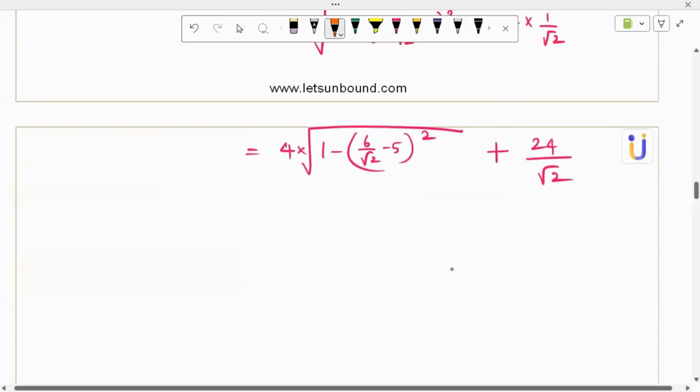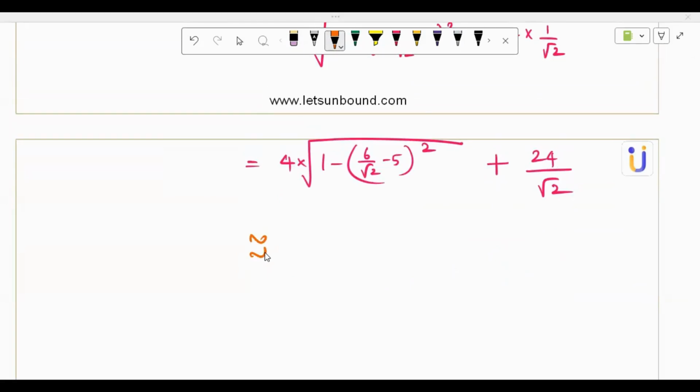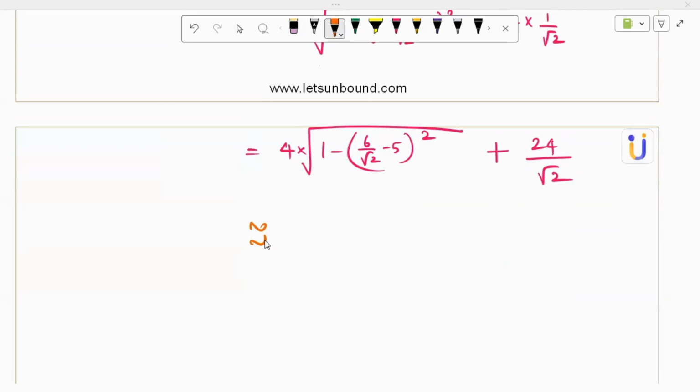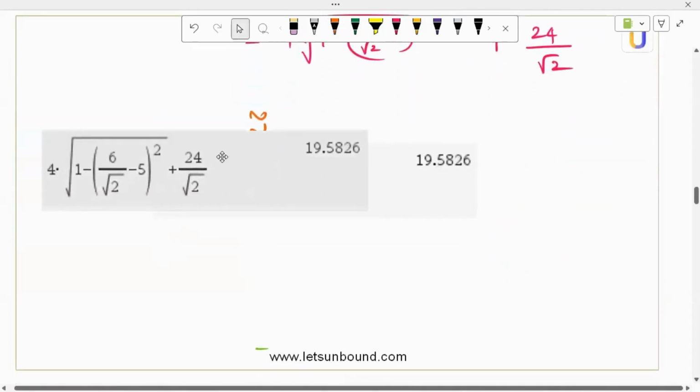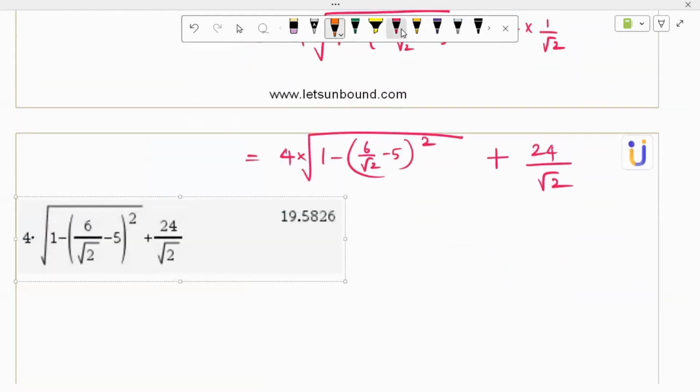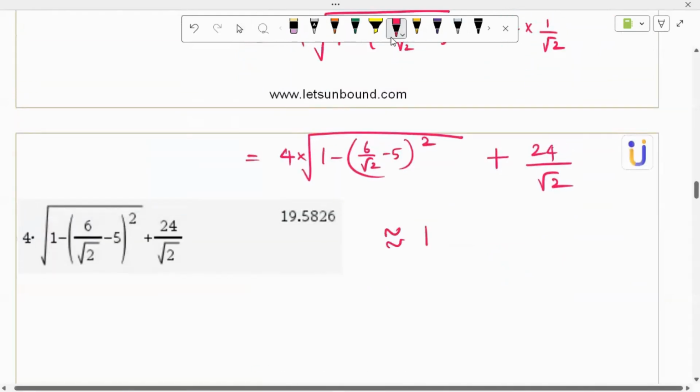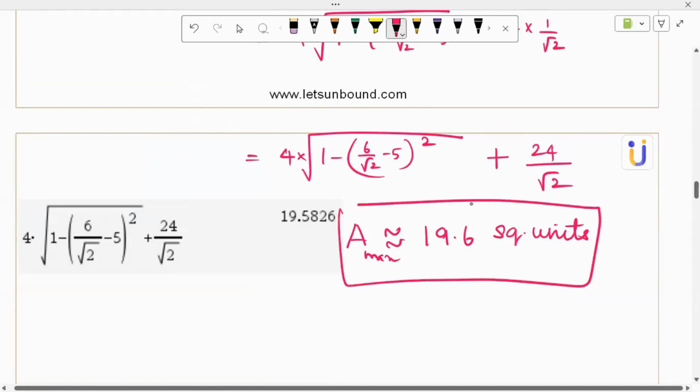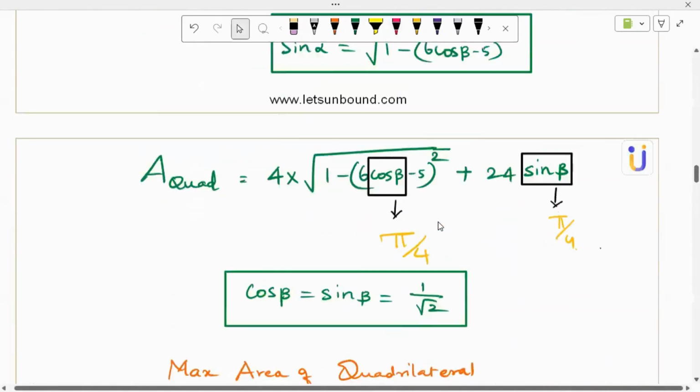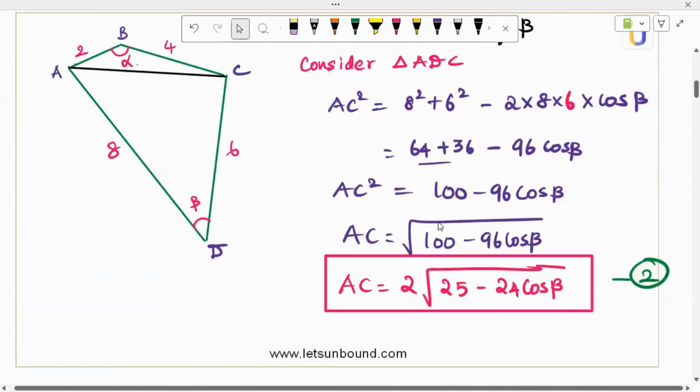So this is approximately 19.586. Let me put this up here. So approximately we can take 19.6 square units. This is the maximum area. That's simple. Thank you for listening. Let's meet in the next video.